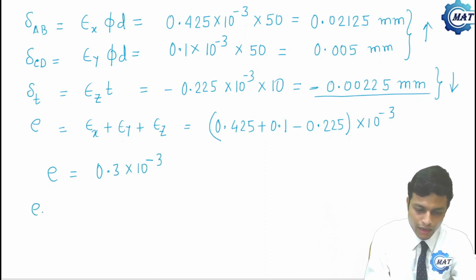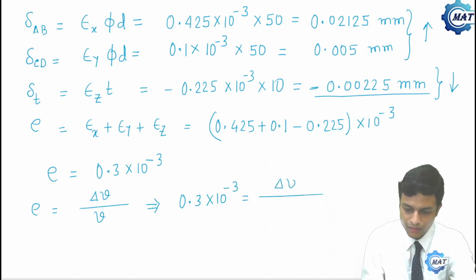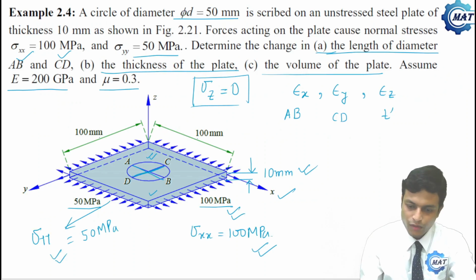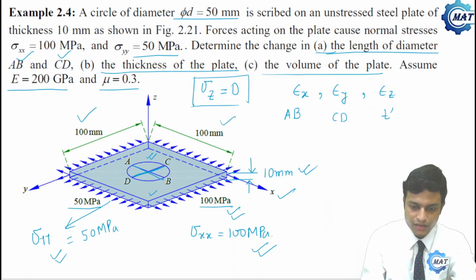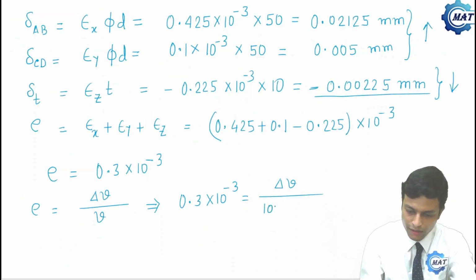Now volumetric strain is delta V by total V. So 0.3 into 10 to the power minus 3 equals the change in volume divided by the volume, which we have to determine. What is the volume of the plate? The plate is 100 mm by 100 mm by 10 mm, so 100 into 100 into 10.